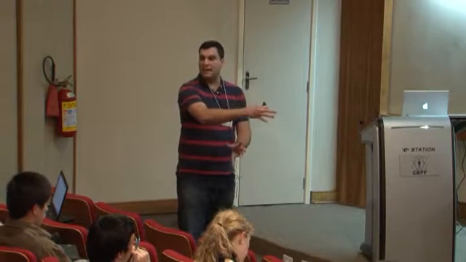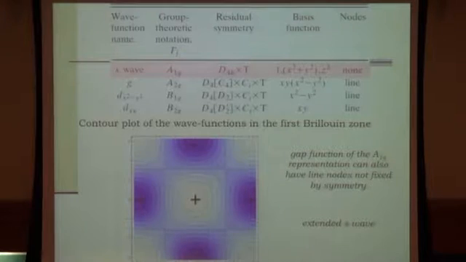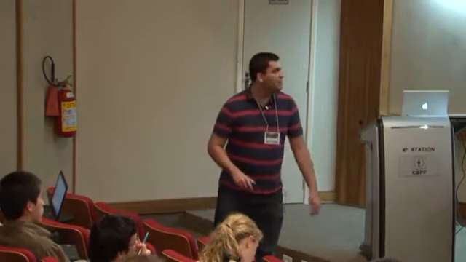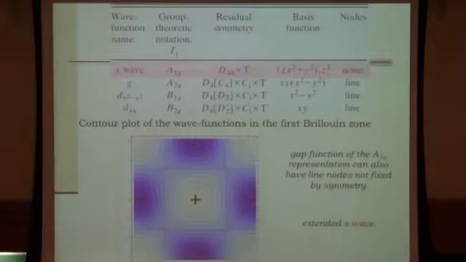And I will claim that something like this is the superconducting state of most of the iron-based materials, except some special ones possibly. Okay? And a key point that I want to make is that these zeros do not cross the gamma point or the X point. This will be important very soon.